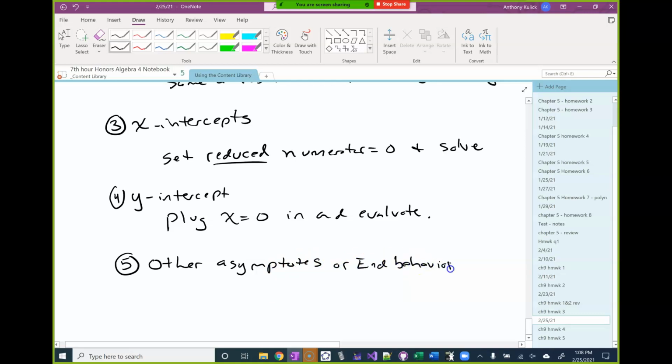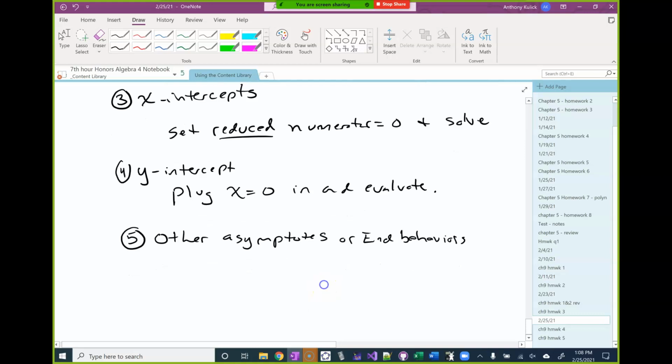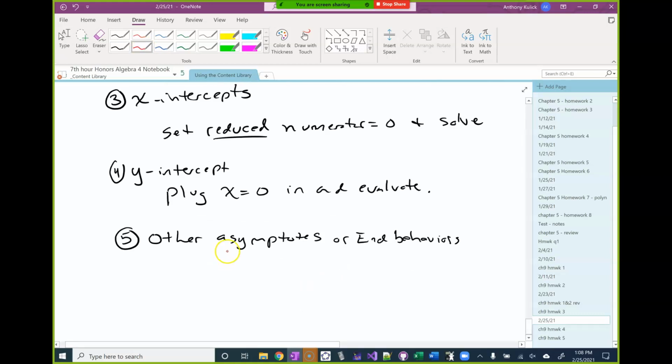So these other asymptotes, you can have a horizontal asymptote still, or you can have what's called an oblique or slant asymptote. And that's basically if you have a diagonal line that the graph approaches but does not cross.